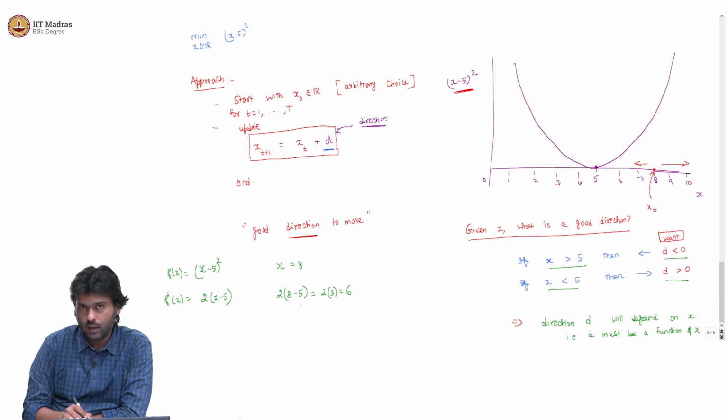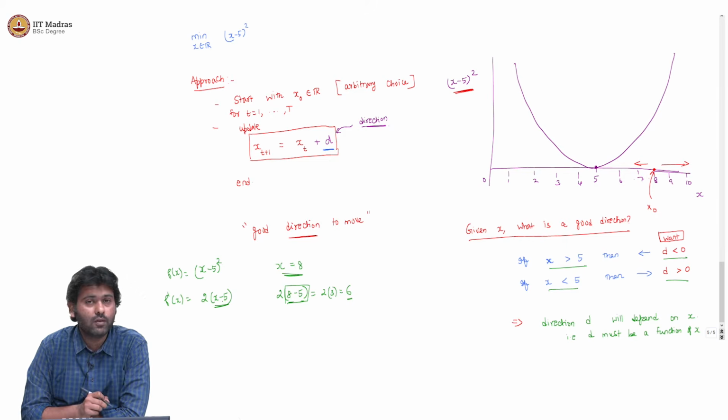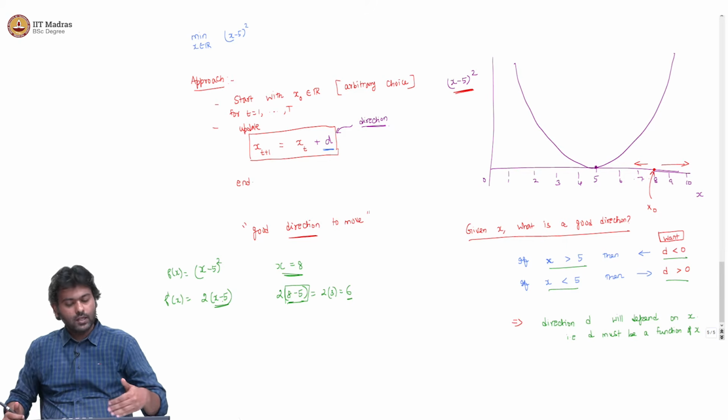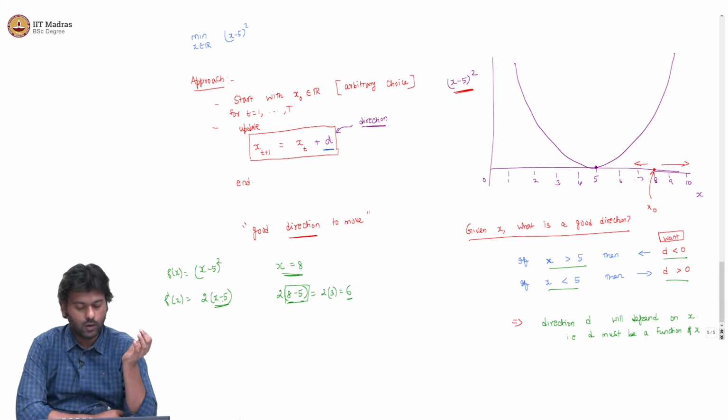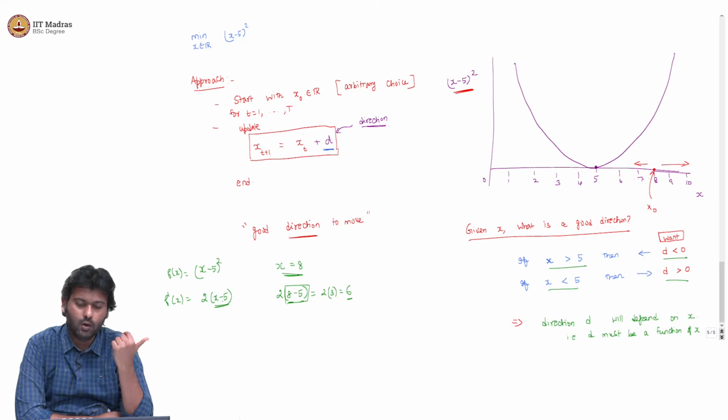Well, in general, if you look at this, why did this 6 come about? This 6 is a positive number, and why is it positive? Because 8 is greater than 5, right. So, the only thing that determines the sign of this particular function is whether 8 minus 5 is positive, right. So, wherever I have x, whether x minus 5 is positive or not, which means that for this specific case of x minus 5 squared, it so turns out that f dash of x will always be greater than 0 when x is greater than 5, and will always be less than 0 when x is less than 5, right.